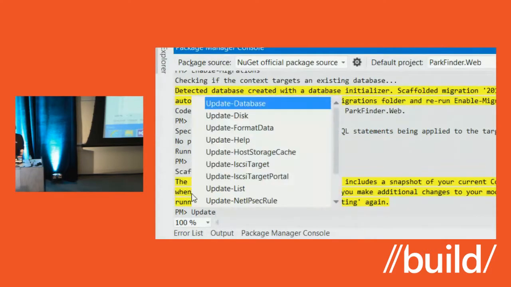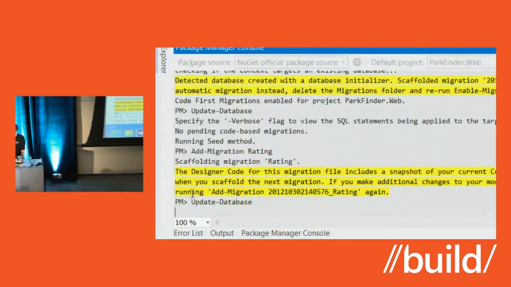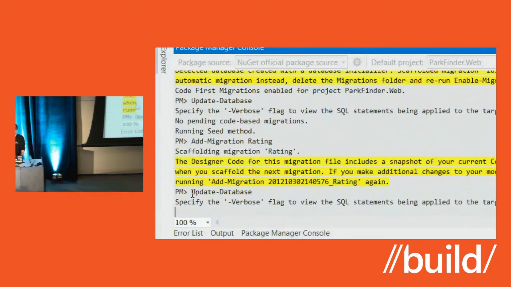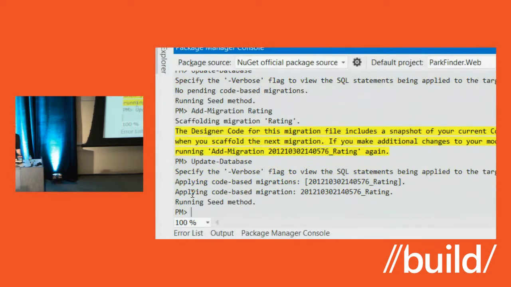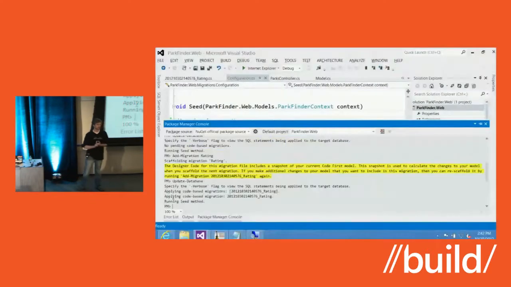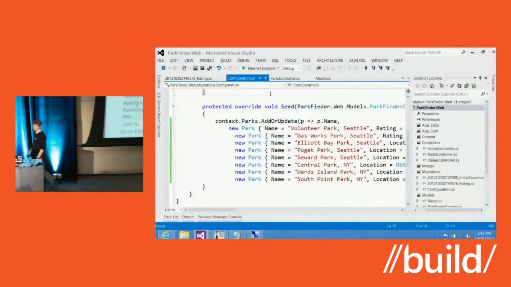So using Package Manager console, which I'll zoom into, I'm going to run the update database command again. This time we see that it found one pending migration, which is the one we just created. So it goes ahead and applies that to the database, and then it runs our seed method again, which is going to update the ratings.